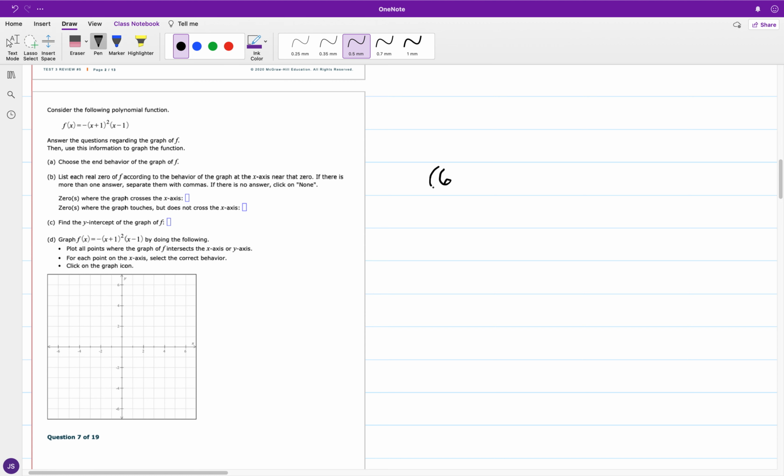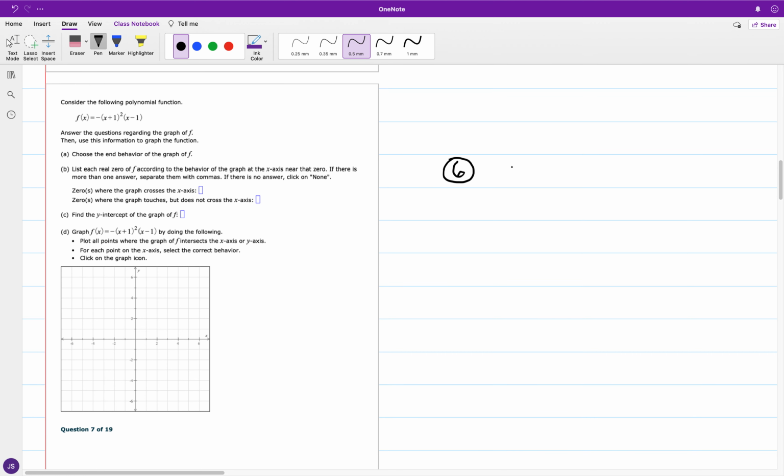In the case of number 6, we have a function f of x is equal to the negative of the square of x plus 1, times the quantity x minus 1.